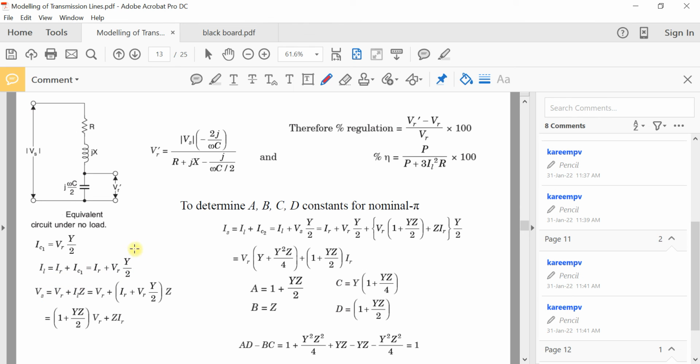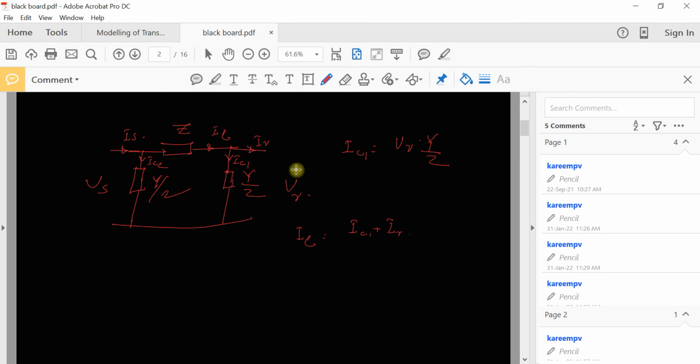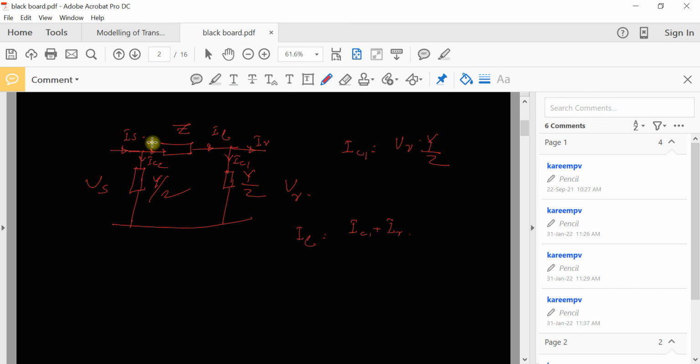Now IS is equal to IL plus IC2. That can also be clear from here, because if you apply Kirchhoff's current law at this point, IL is flowing out, IC2 is flowing out, and IS is flowing into the network. So IS is equal to IC2 plus IL. IL is the current flowing through this impedance.